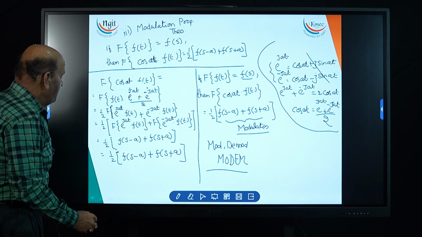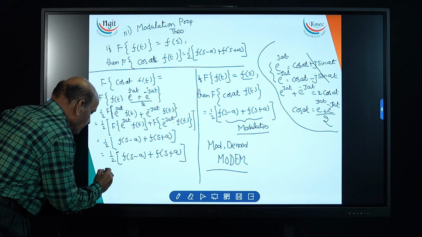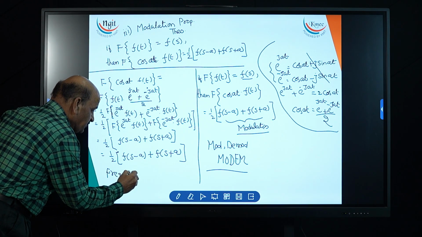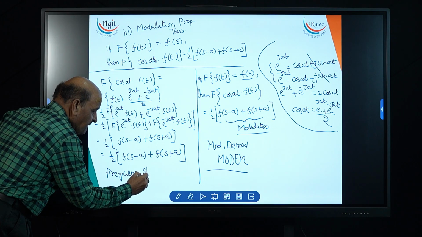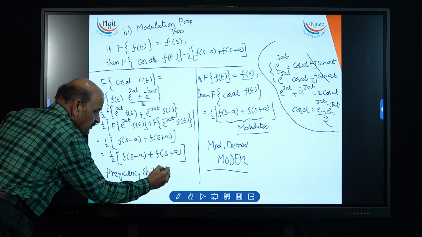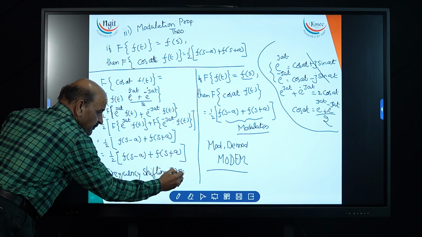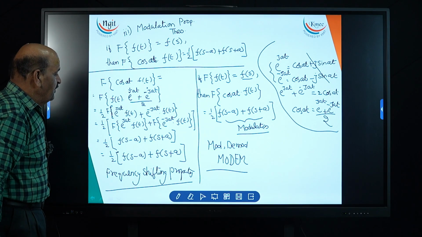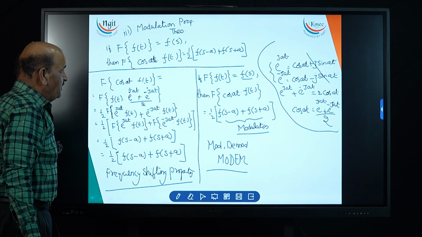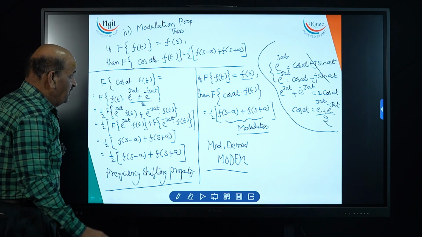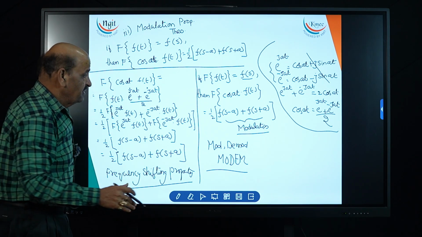By using the frequency shifting property. So these three are very important for students on Fourier transforms. I am just making you recollect this.